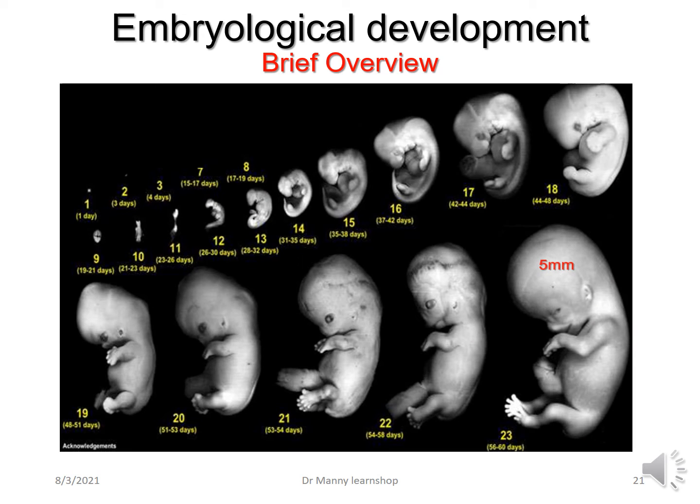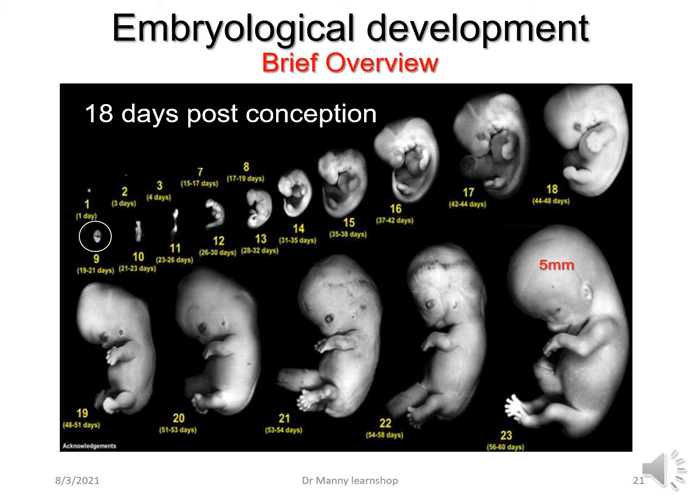Let's review briefly so you have an idea of where this all happens during embryonic development. This is just a brief overview. So put it into your mind, 18 days post-conception. This is the embryo here. Look at number 9.